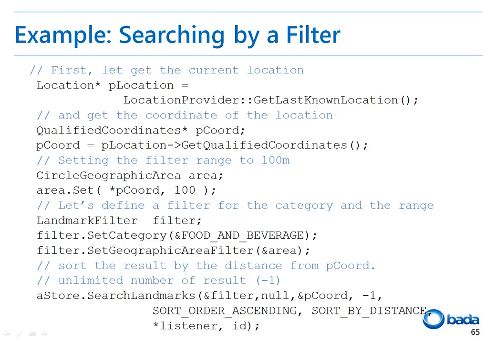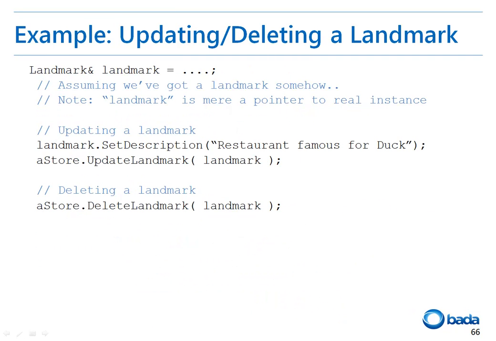Now, the search landmarks function is called with the filter, the current coordinates and the sorting method, and all the landmarks in the food and beverage category are sorted in ascending order of the distance and are returned.